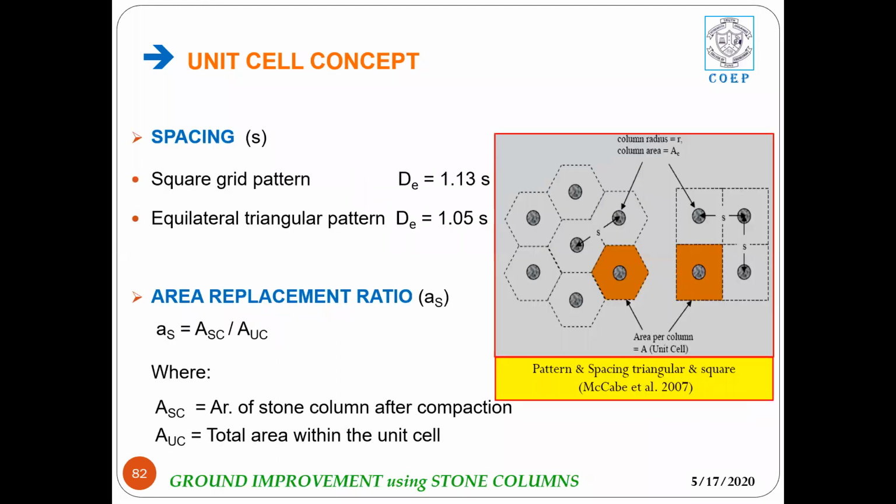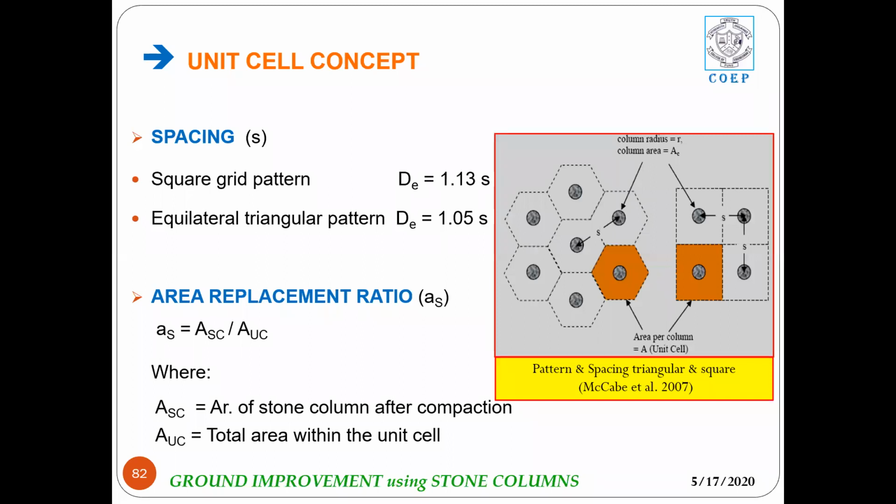So the spacing that has been suggested: either we can have a square grid pattern or an equilateral triangular pattern, and S stands for the spacing between the stone columns, D is the effective diameter, and the multiplying factor is 1.13 for square grid, whereas for equilateral it is 1.05.